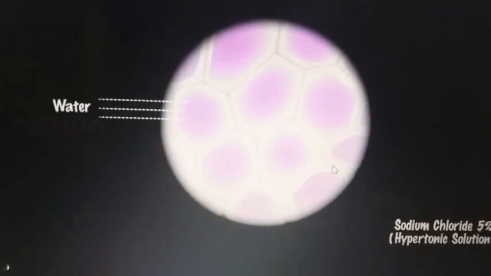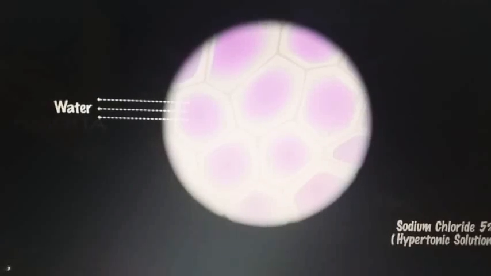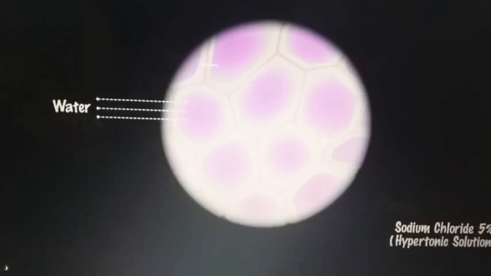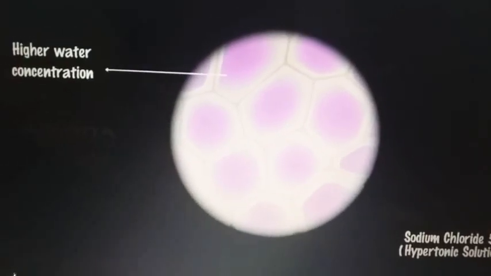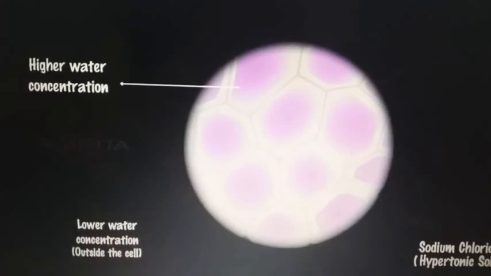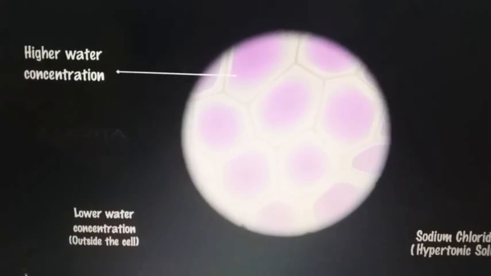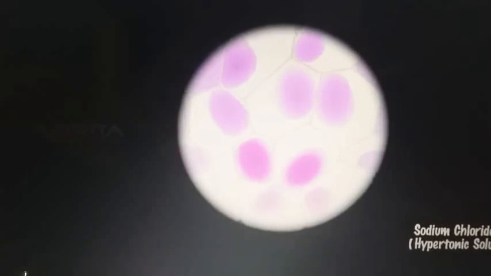When plant cells are immersed in sodium chloride 5% solution, water moves through the cell membrane into the surrounding medium, because the water concentration inside the cell is greater than that outside the cell. Ultimately, the protoplasm shrinks and assumes a spherical shape, and this phenomenon is called plasmolysis.